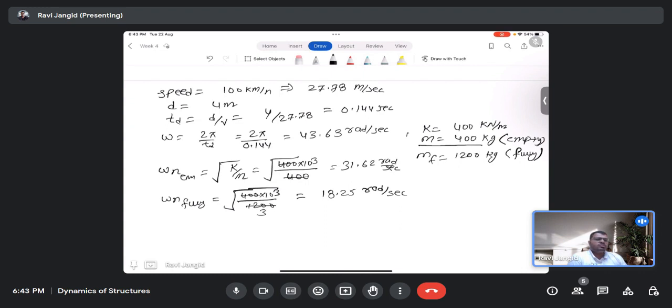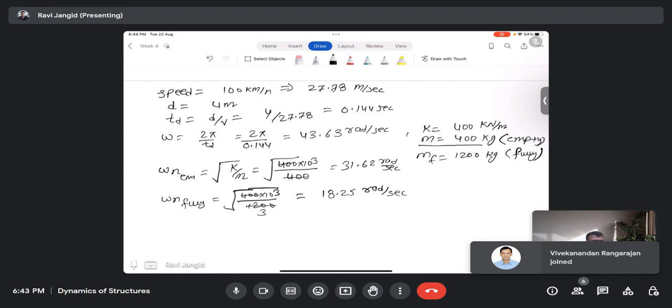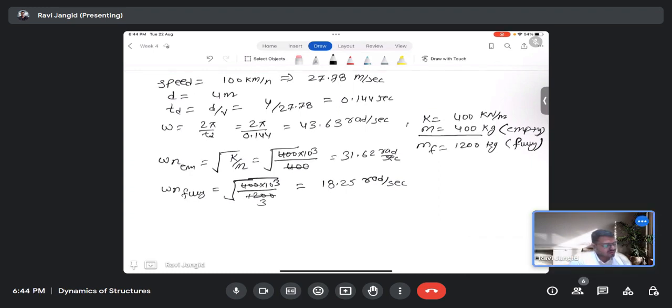Would my damping ratio be different for the fully loaded and empty? Yes, the damping ratio would be different. The damping ratio for the fully loaded vehicle is given to us as 0.4.